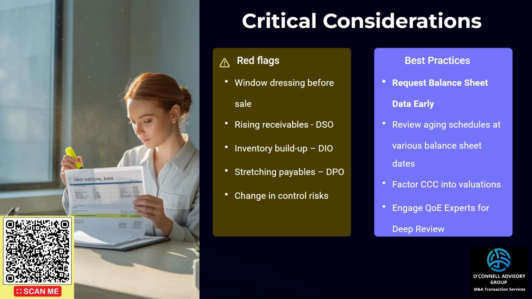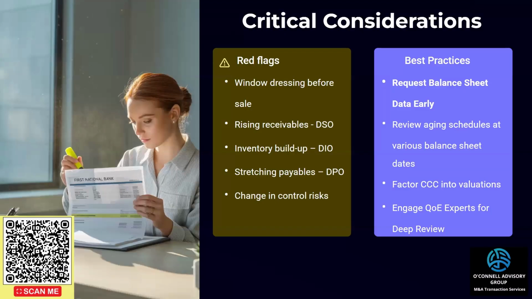If there is seasonality, then in those respective months, the seasonality numbers should also be steady. However, if you see significant improvement in cash conversion cycle right before the sale, then you should inquire more into why the cash conversion cycle has improved.